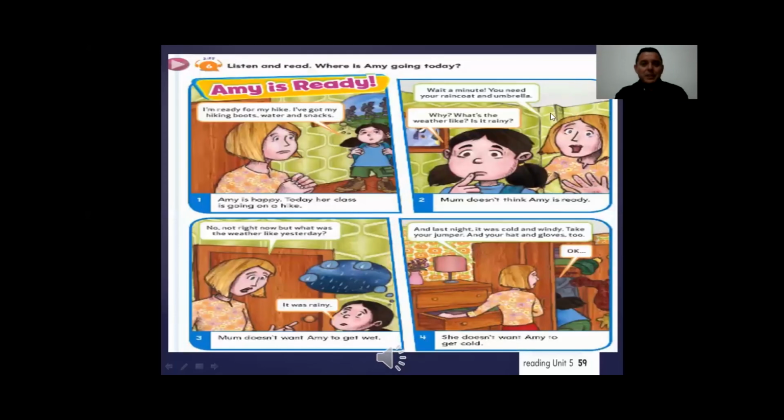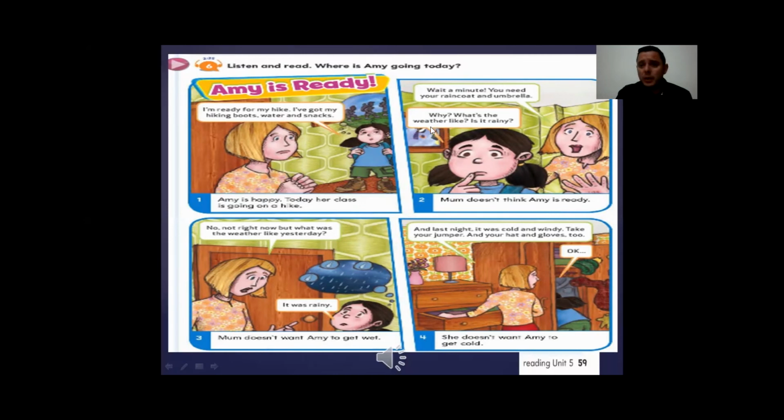Okay, so in this passage, you're going to see Amy is a little girl and she wants to go on a hike with her class. So before she goes, her mom wants to get Amy ready. And they are talking about the weather types. So her mom says, you need your raincoat and umbrella. And Amy thinks and asks, why?